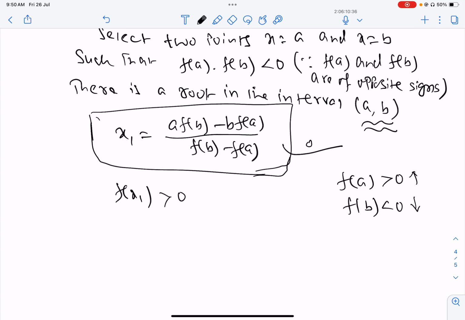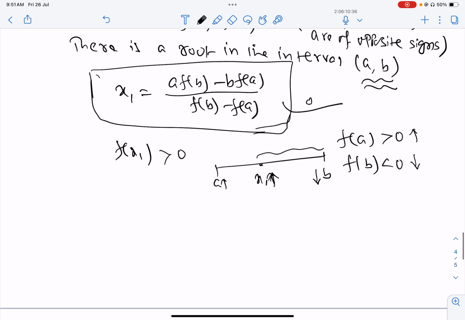So we have like this, there is a root in A, B, and somewhere here x1. f(a) is positive, f(b) is negative, and suppose f(x1) is positive. Then naturally there is a root lying between x1 and B. So in this case, the root lies in x1 and B.